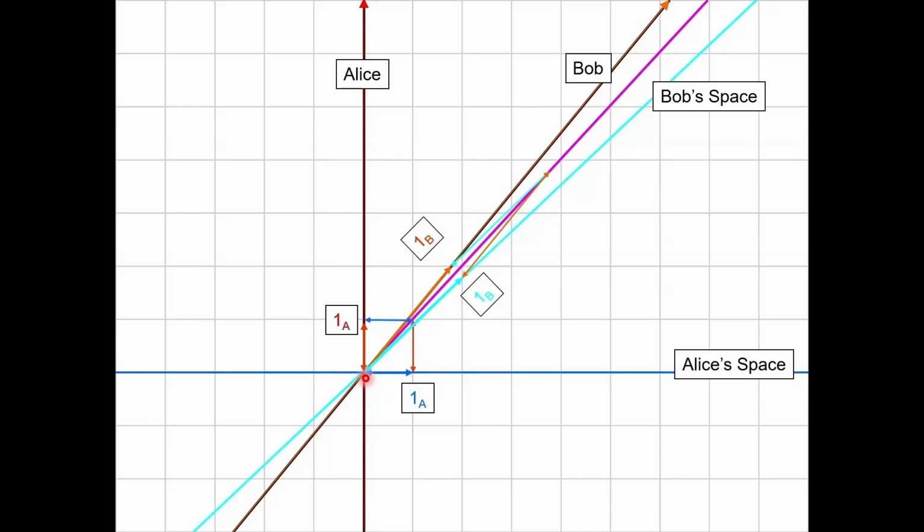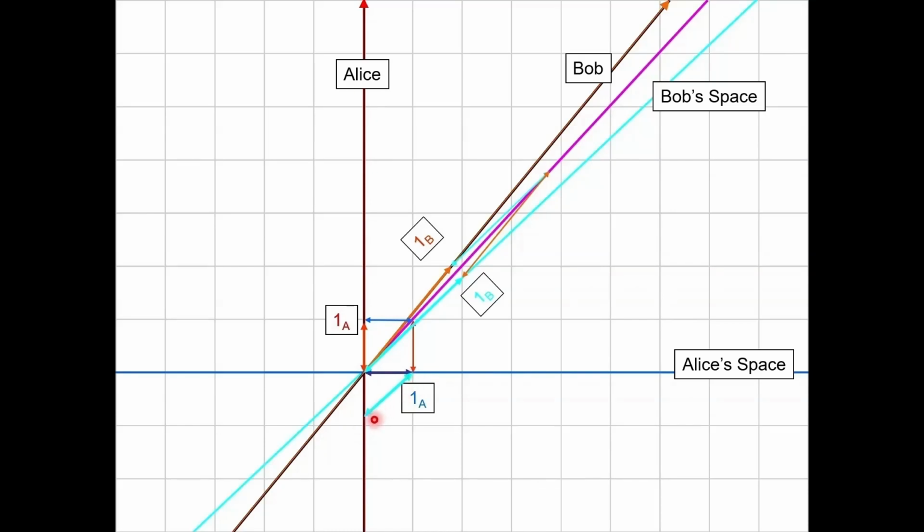Now let's do the same the other way around and see how Bob sees this stick, which is 1 unit of distance according to Alice. So this is the end point. And again, we need to find the starting point, which is at Alice's world line, in such a way that these 2 points happen at the same time according to Bob.